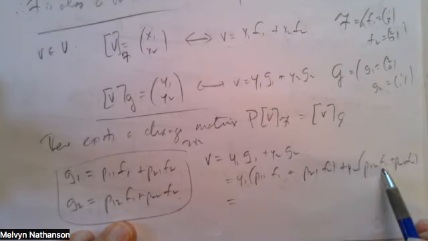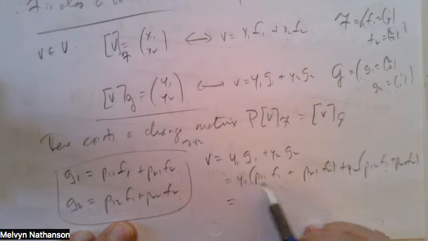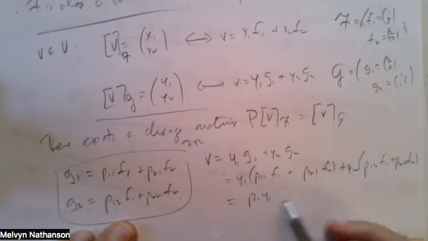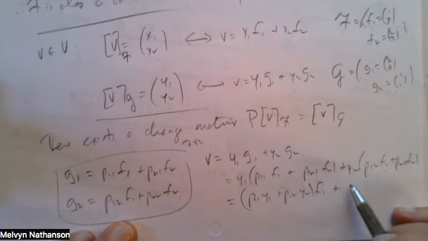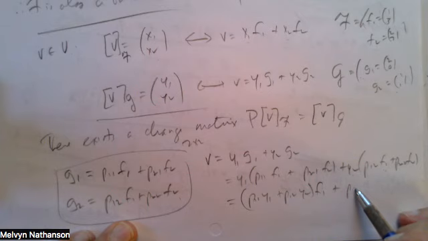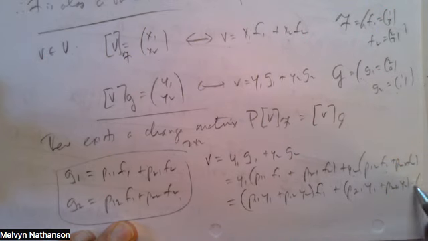This is some linear combination of F1 and F2. It's (P11 Y1 plus P12 Y2) times F1 plus (P21 Y1 plus P22 Y2) F2.